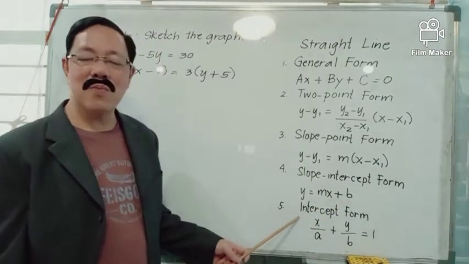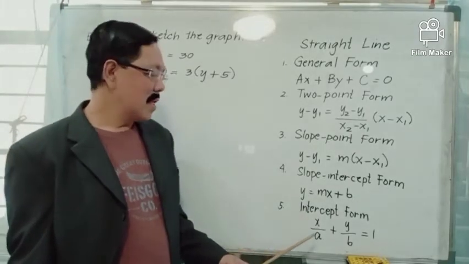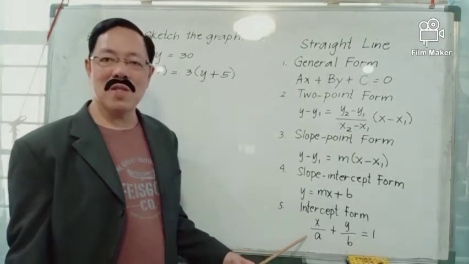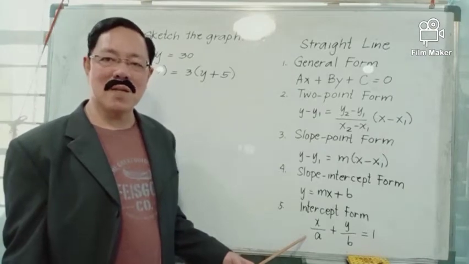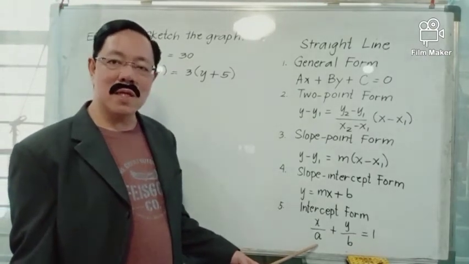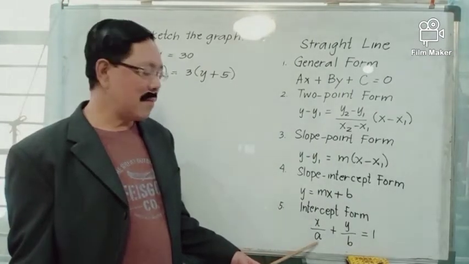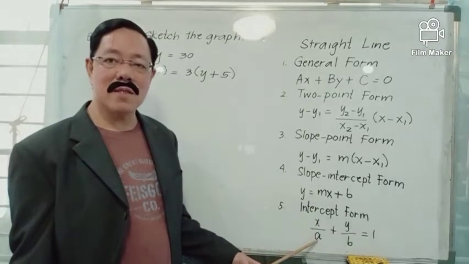Lastly, the equation of a line in two variables can be written in intercept form. In this form of an equation of a line in two variables x and y, the equation is written using the intercepts. Small a, the denominator of x, is the x-intercept.